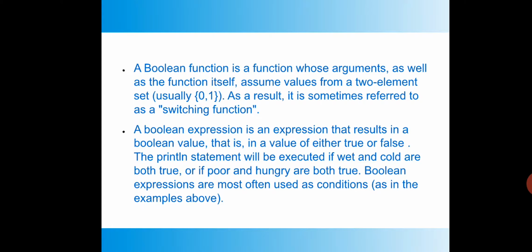A Boolean function is a function whose arguments as well as the function itself assume values from a two-element set. When we are learning digital logic or computer systems, it will ultimately be with respect to zeros and ones, isn't it? Input will be in terms of zeros and ones.